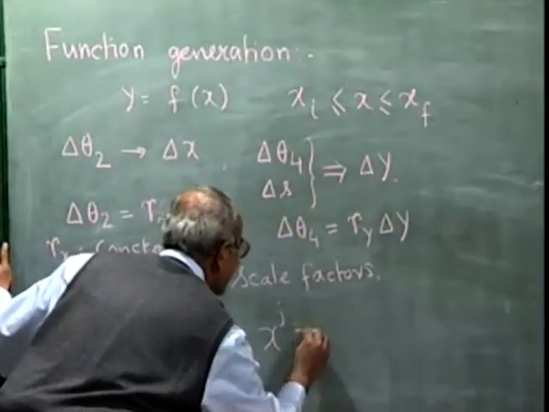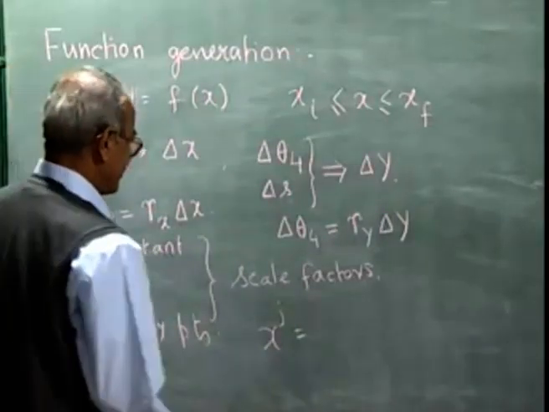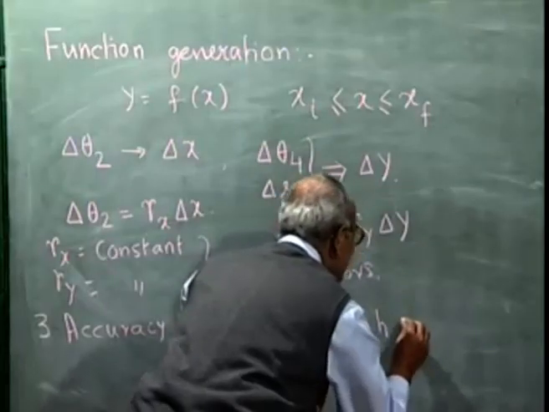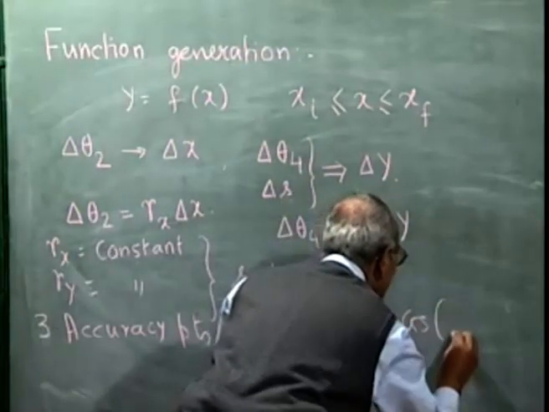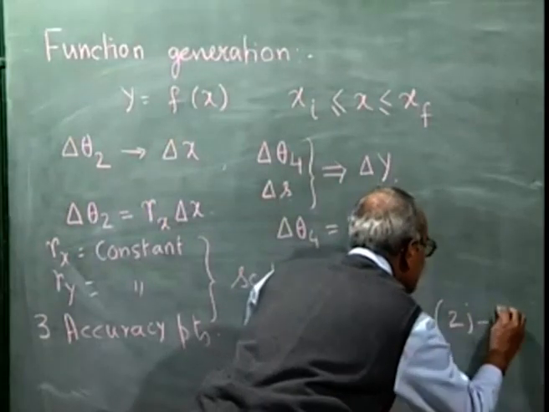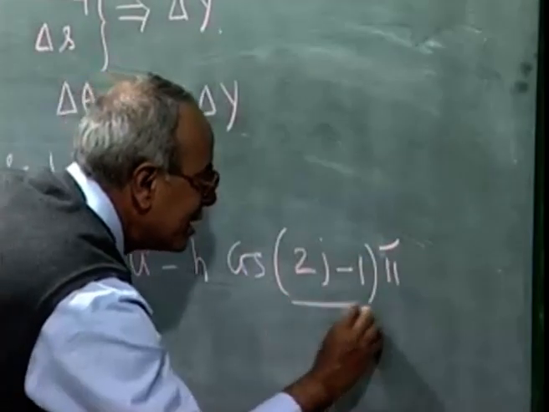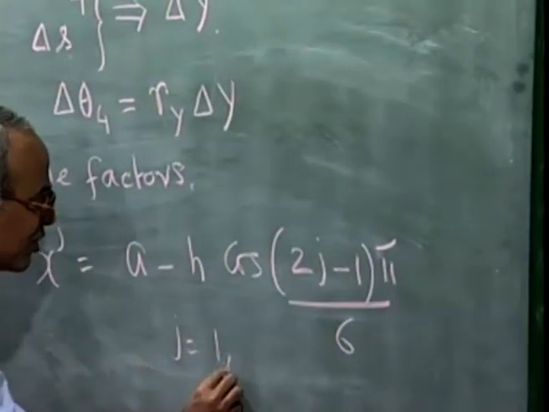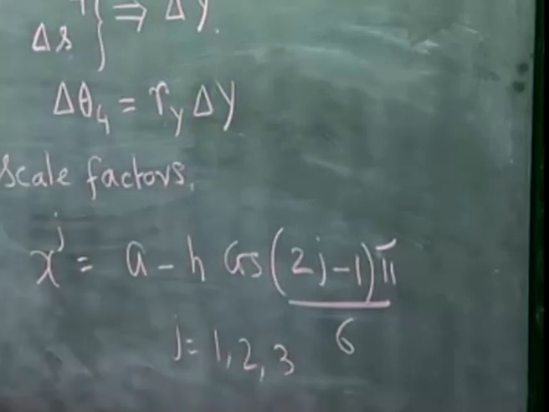I write xj, which will be a minus h cosine (2j minus 1) into pi by 6, and j goes 1, 2 and 3.